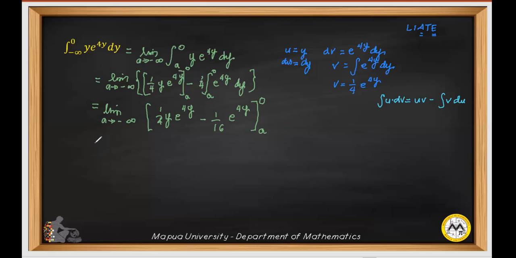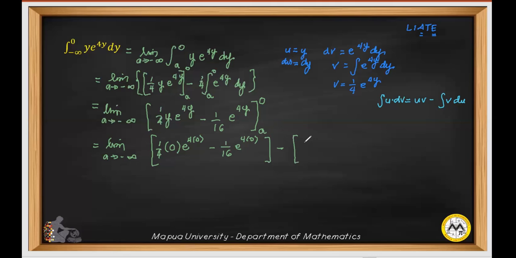So evaluating the indefinite integral within the limits of integration gives us the limit as a decreases without bound of the value of the indefinite integral at the upper limit 0, which will give us 1 over 4 times 0 times e raised to 4 times 0 minus 1 over 16 e raised to 4 times 0, then minus the value of the indefinite integral at the lower limit a.